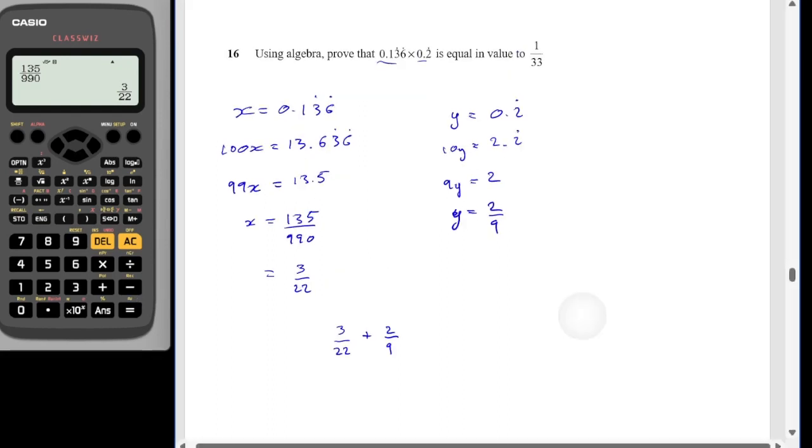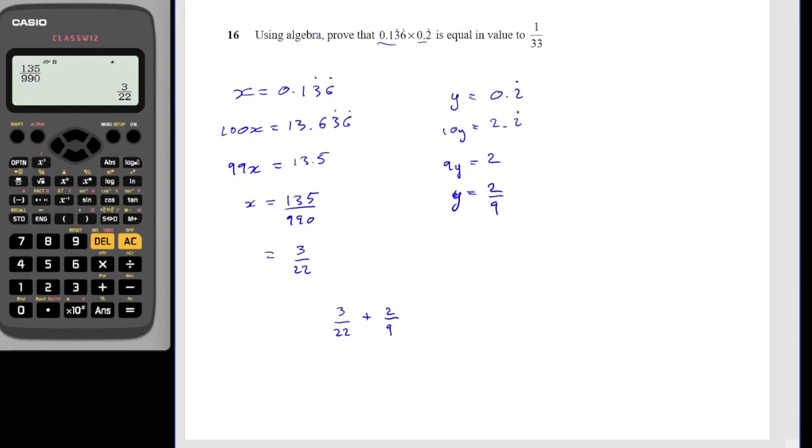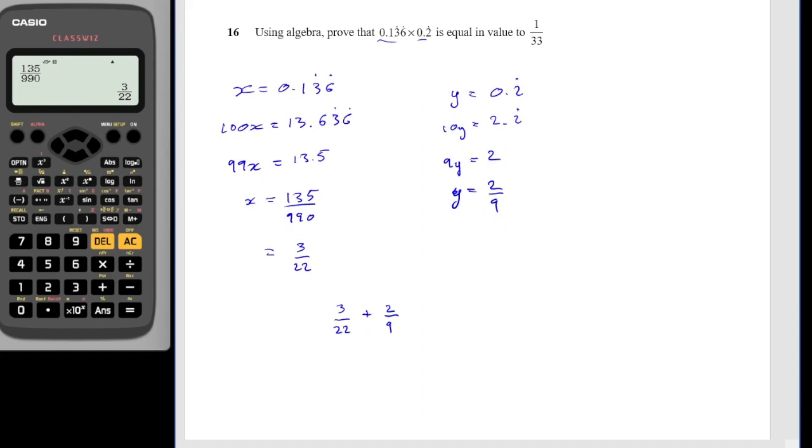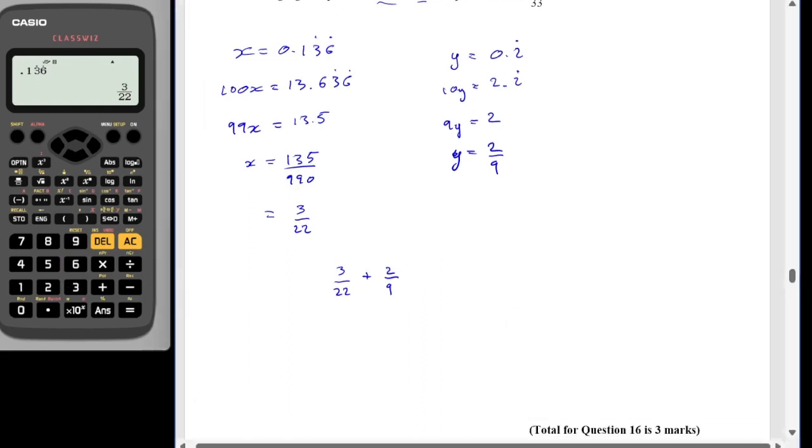Just double checking my work. We can use our calculator to check that. No, that is right. Okay, so I want to add these two together. The lowest common multiple of 22 and 9 is what I'm struggling with in my head at the moment.